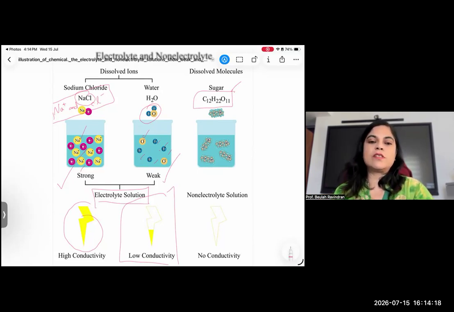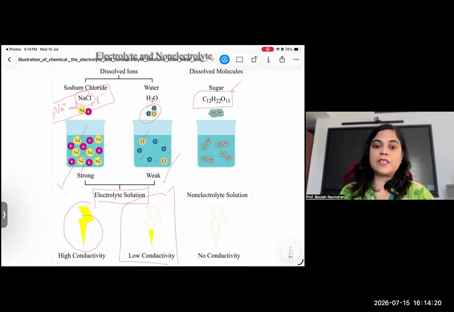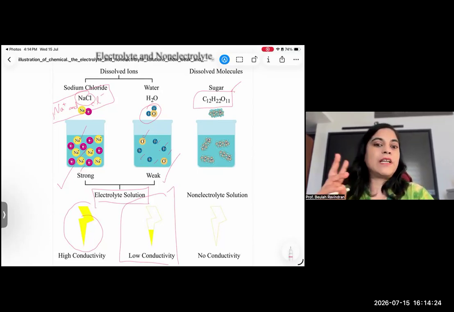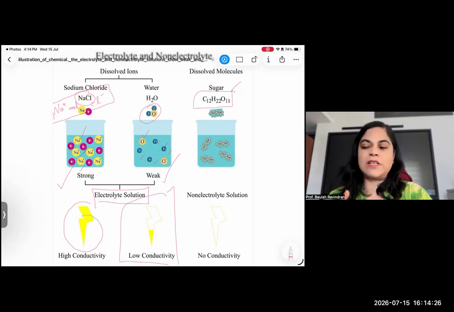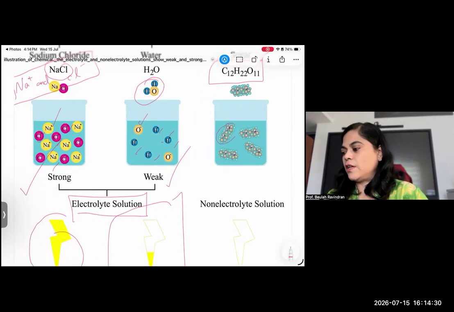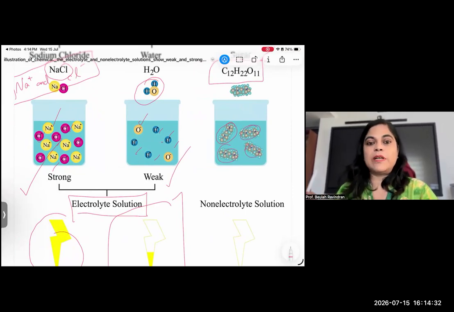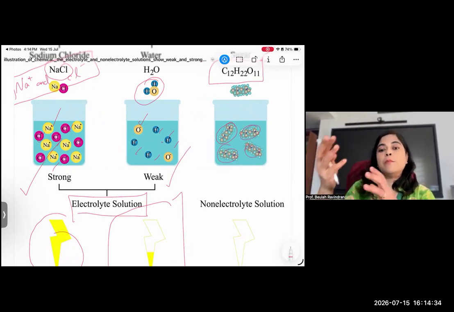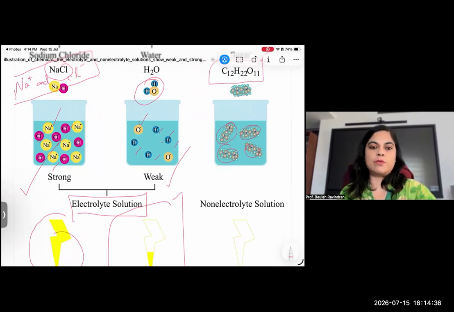Molecular dissolution in water separates the sugar bulk into individual sugar molecules, but cannot break the molecule itself apart. That is the big thing. No charges here, which means the dissolved sugar molecule remains completely neutral.